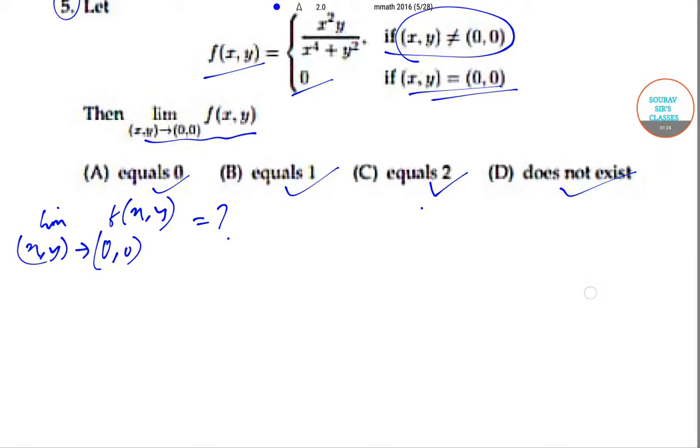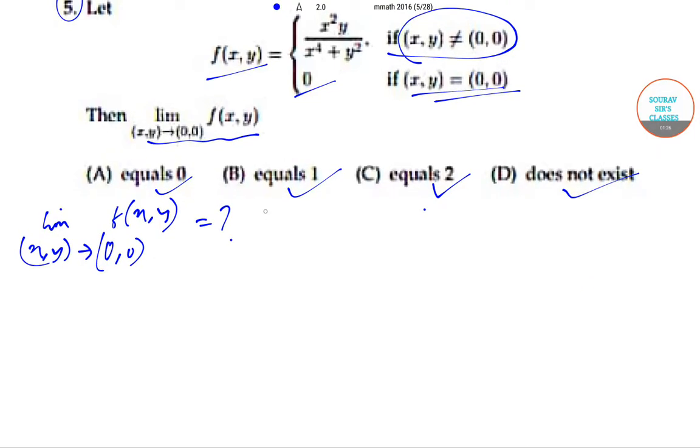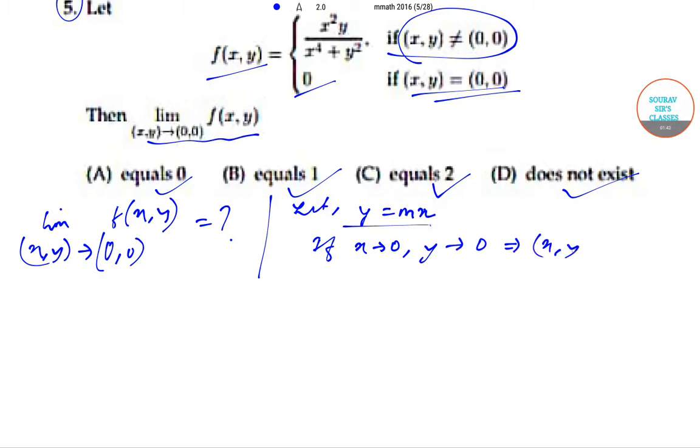So what we'll do over here, let us first assume y be equal to mx. Now in this function if x tends to 0, that means y also tends to 0, so we can write that (x,y) tends to (0,0) in this case.